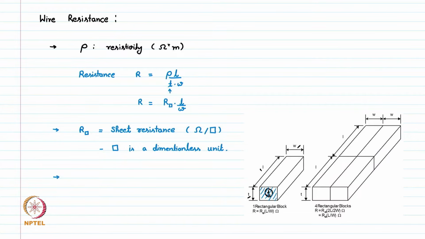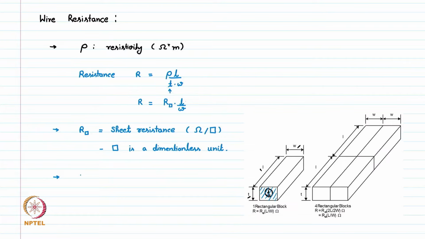By doing this, we can now count the number of squares to know the actual resistance. If we put L equal to W here, then this L upon W is nothing but 1. So we can count the resistance by just adding the number of squares we have.